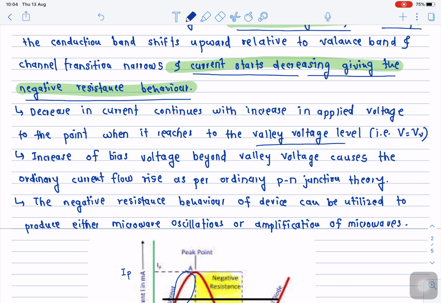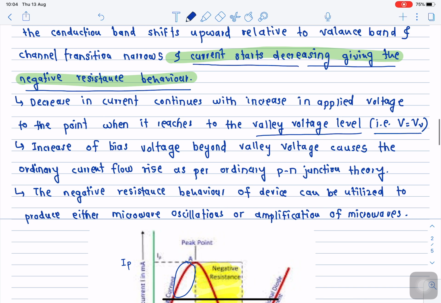Okay, so this effect of negative resistance will continue with increase in the applied voltage till a value known as the valley voltage. If we increase the bias voltage beyond the valley voltage, now what will happen?